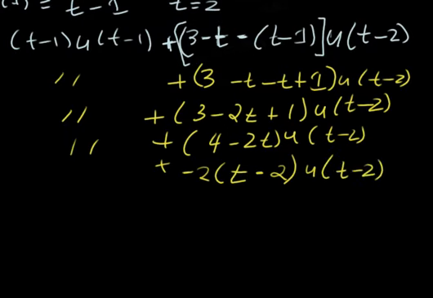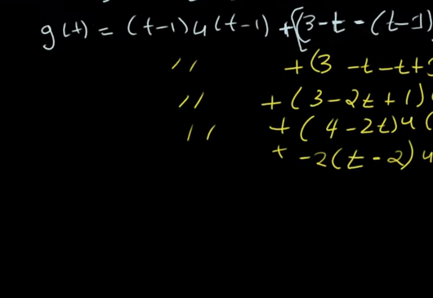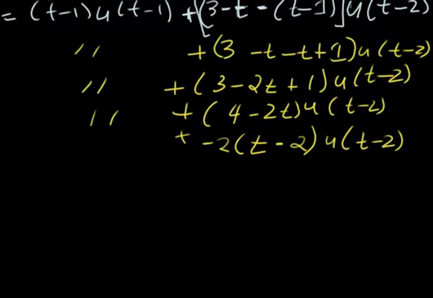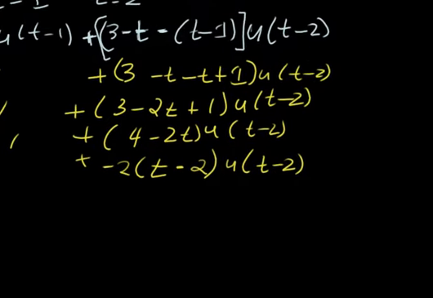So negative 2 times t minus 2 times u of t minus 2. So this is the second one. Now we need to do the third one. Let me get another page.